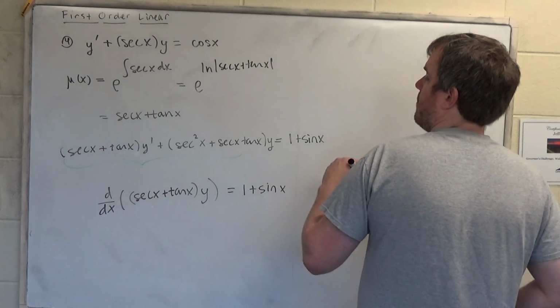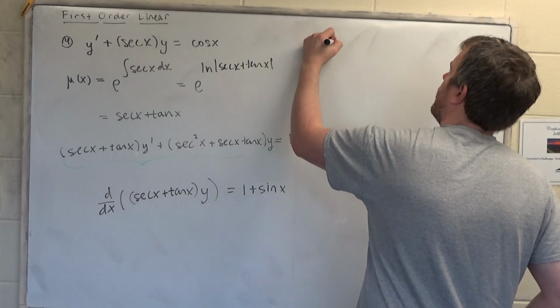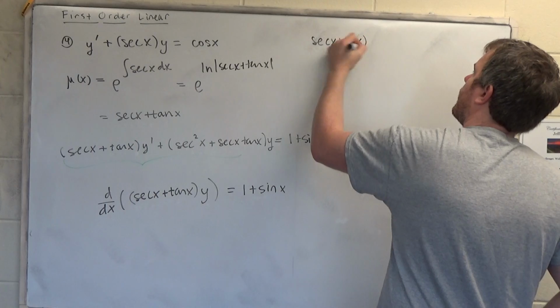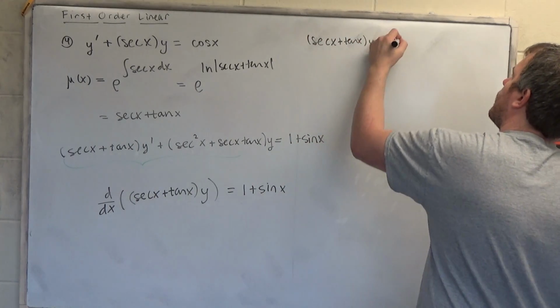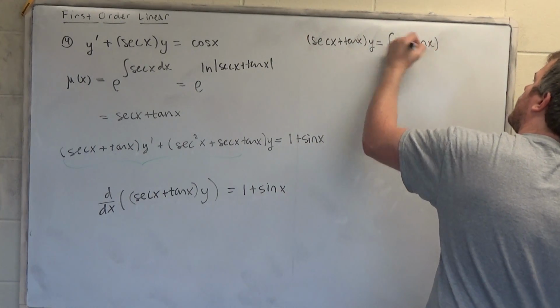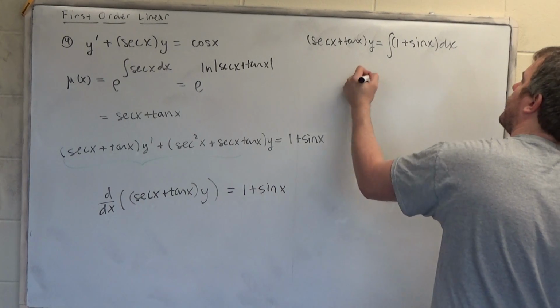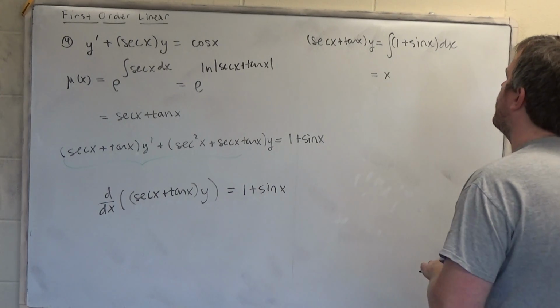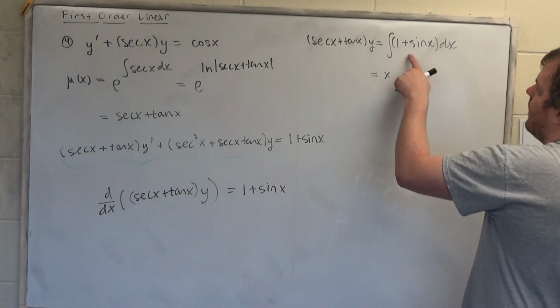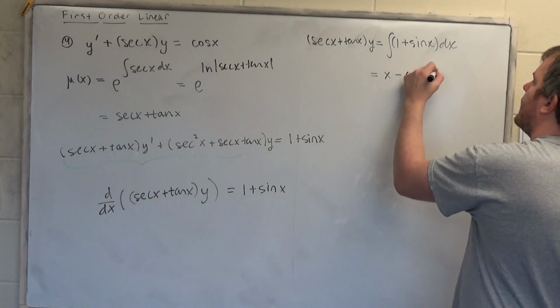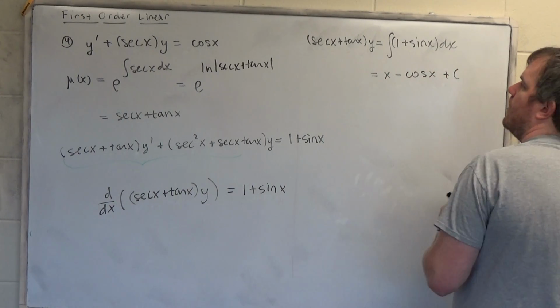So now we just integrate both sides with respect to x, and we get secant x plus tangent x times y equals the integral of 1 plus sine x dx, which is just x, and then minus cosine x plus c.